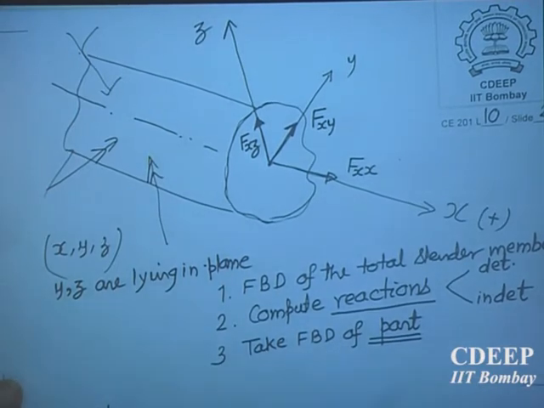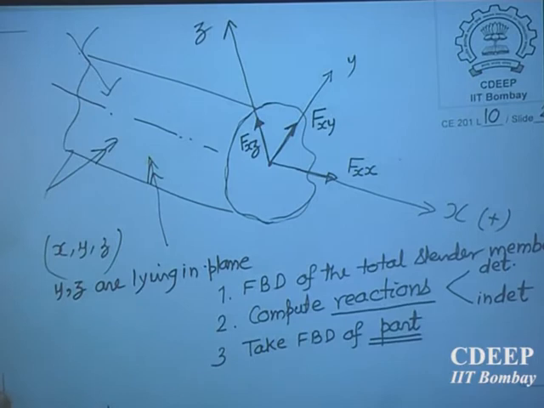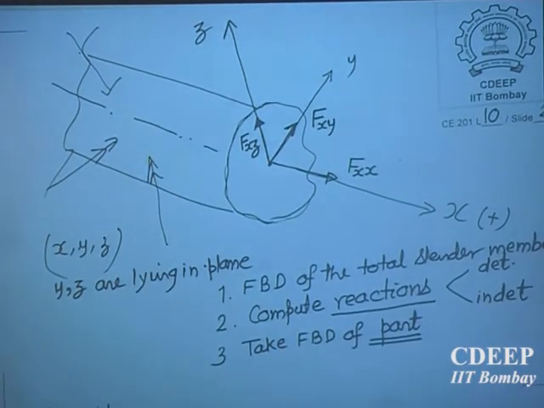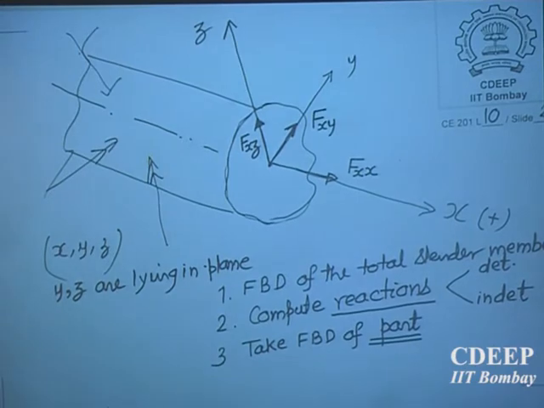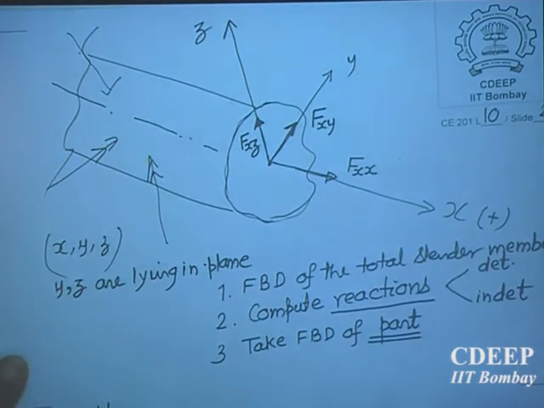So take 1/2, 1/4, whatever it is, you take the free body diagram of a part, and then on that part you will find that there will be, at least in general, 3 forces, because all these stresses can be transformed into 3 forces.